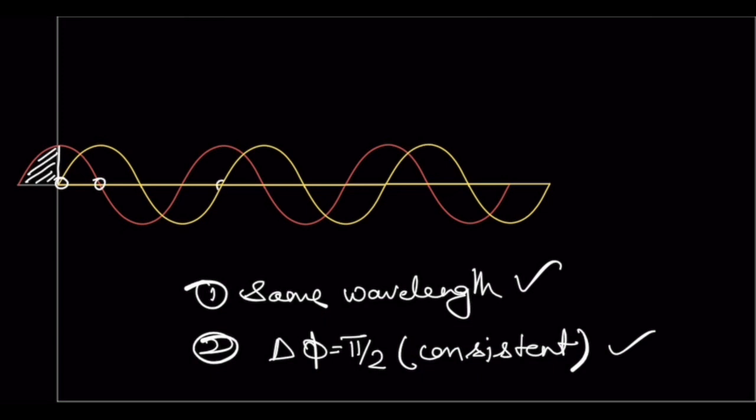The phase difference is 90 degrees. What about these points? Again, consistent, same. The delta phi is constant everywhere in the wave. So these waves are coherent. The second point we need to focus on is the consistency of delta phi. It should be the same for both the waves, then we will say they are coherent.